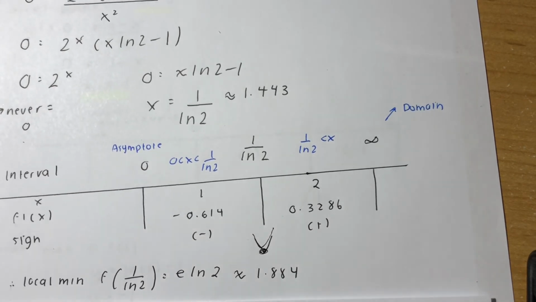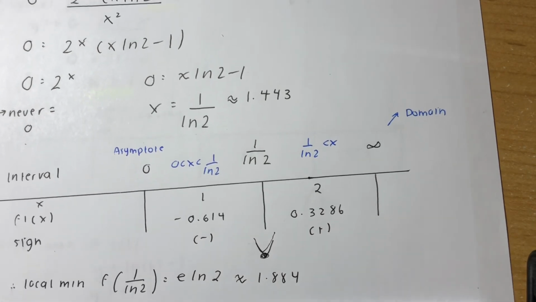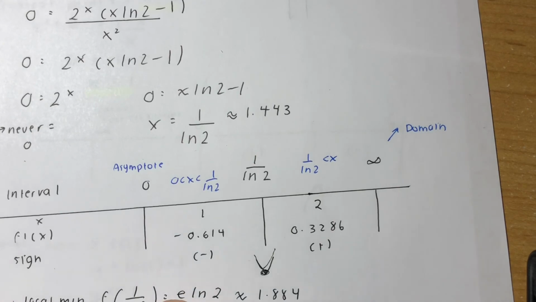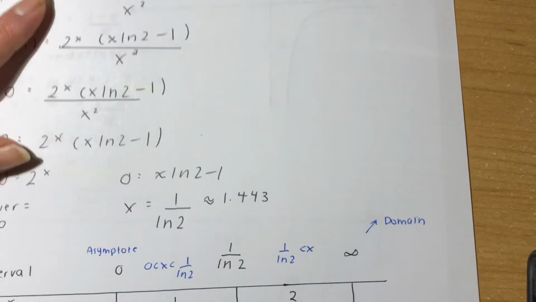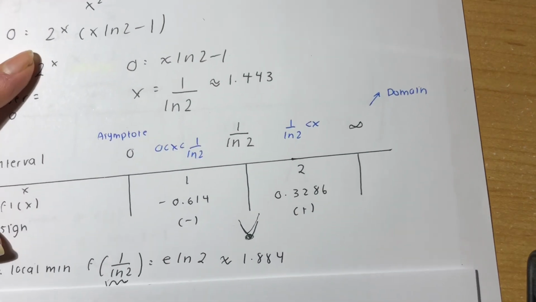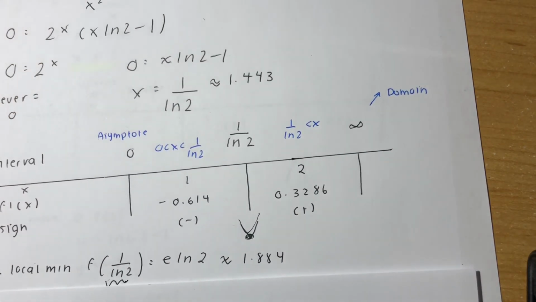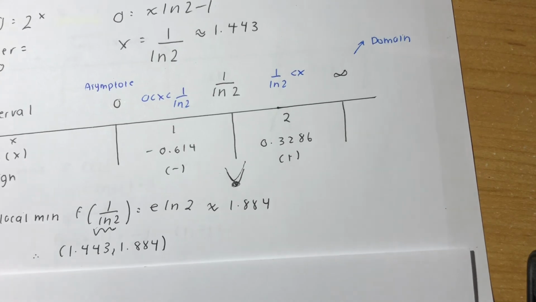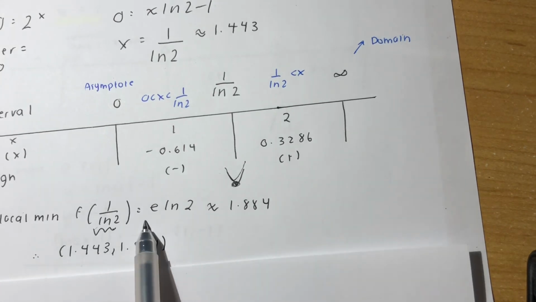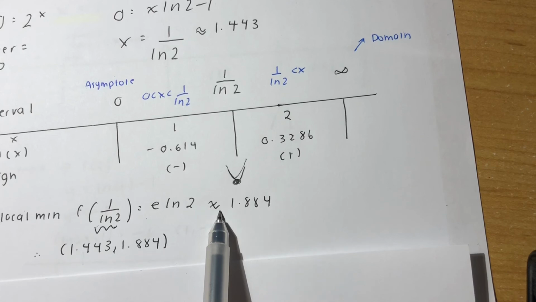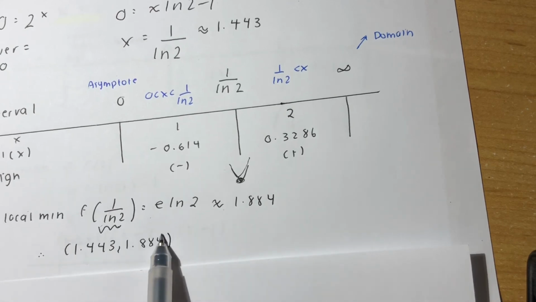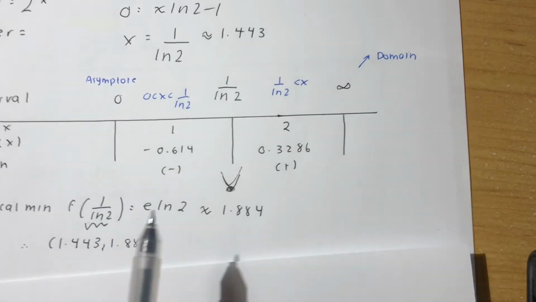So we just have to find where our local minimum is by plugging our critical point, 1 over ln 2, back into our f of x, where we get e ln 2. Our value, e ln 2, is approximately 1.884, so this becomes our local minimum.